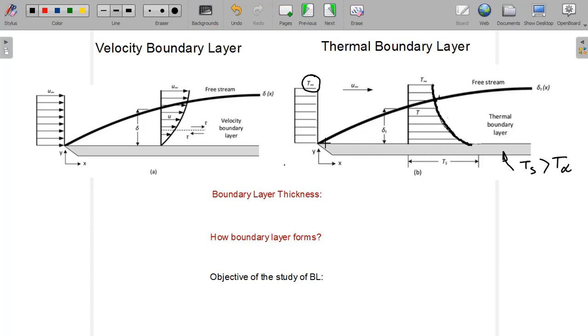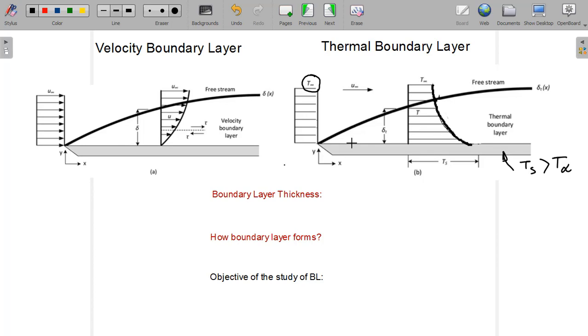you will find a region close to this flat plate where there is a significant thermal gradient. That means you will find a temperature variation within that small region. Outside the edge of this region, you will find that the temperature is almost uniform, and that is T infinity.